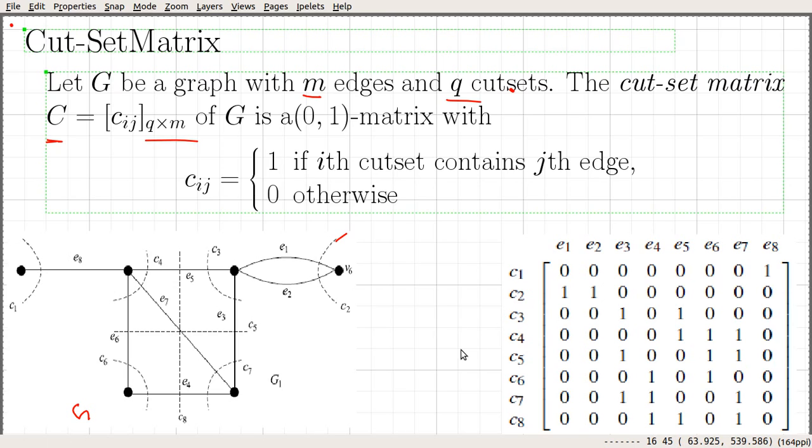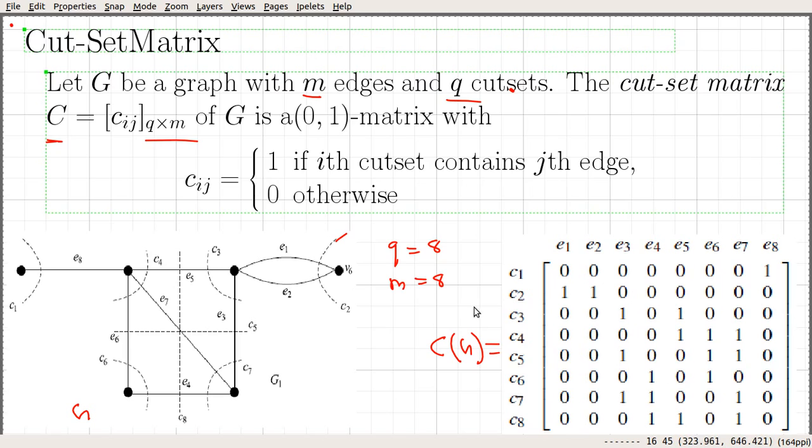This is going to be the cut set matrix of this graph G. Since it has 8 cut sets, q is going to be equal to 8, where q is the number of cut sets in this graph, and m, the number of edges, happens to be 8.